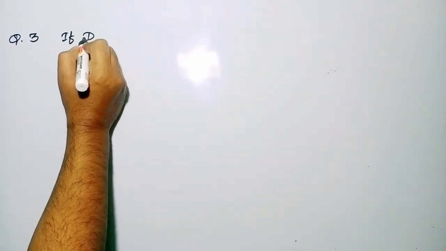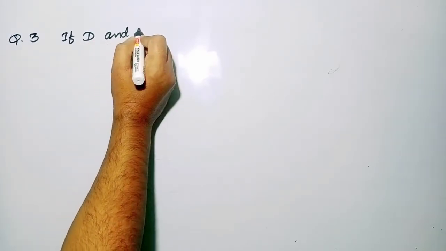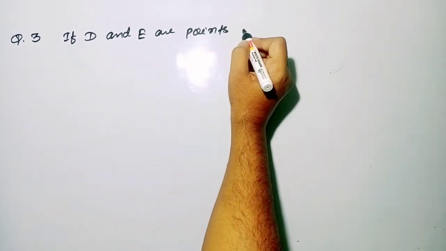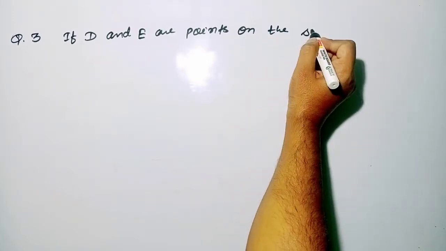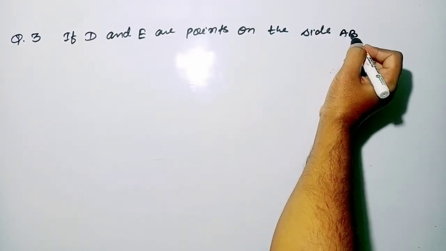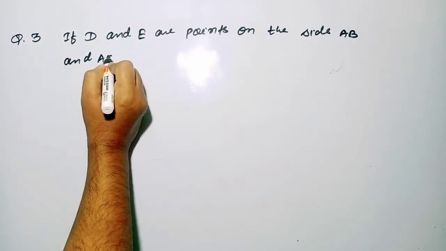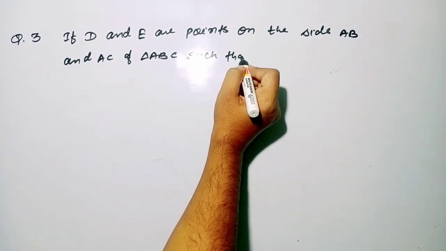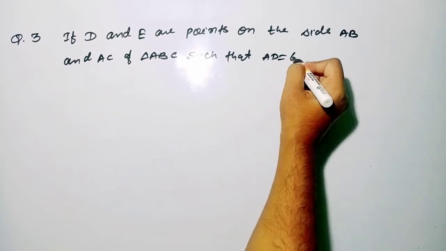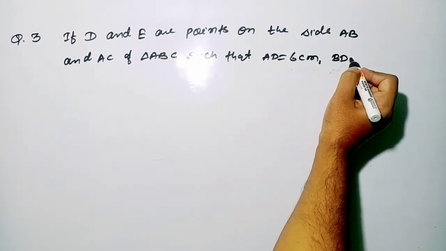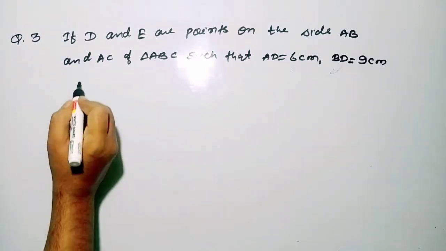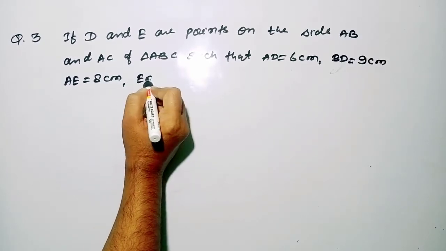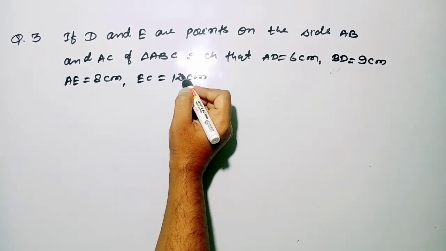Question number 3. If D and E are points on the side AB and AC of triangle ABC such that AD is equal to 6 centimeter, BD is equal to 9 centimeter, AE is equal to 8 centimeter, EC is equal to 12 centimeter.